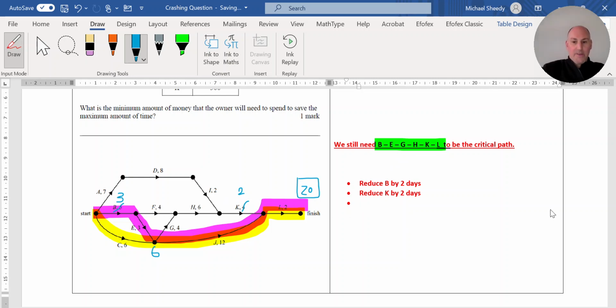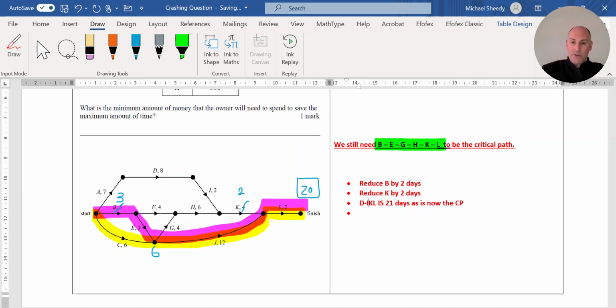Okay, so we note after we do that reduction, the path A, D, I, K, L is 21 days, and is now the CP, which is a problem.